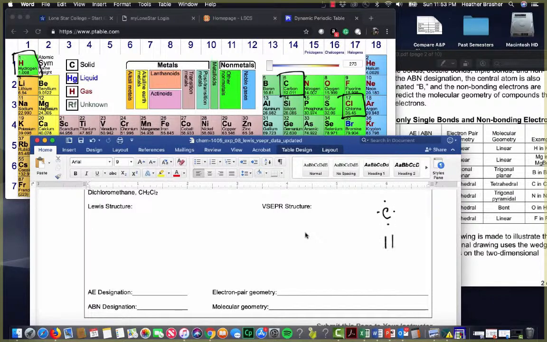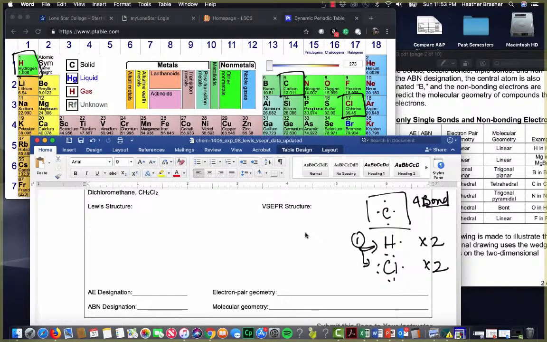The hydrogen is 1. And we have 2 of those. And the chlorine, again, is 7. And we have 2 of those. So, of course, this is going to be our central atom because it has the most. We can bond with 4 things here, where these guys we can only bond with 1.